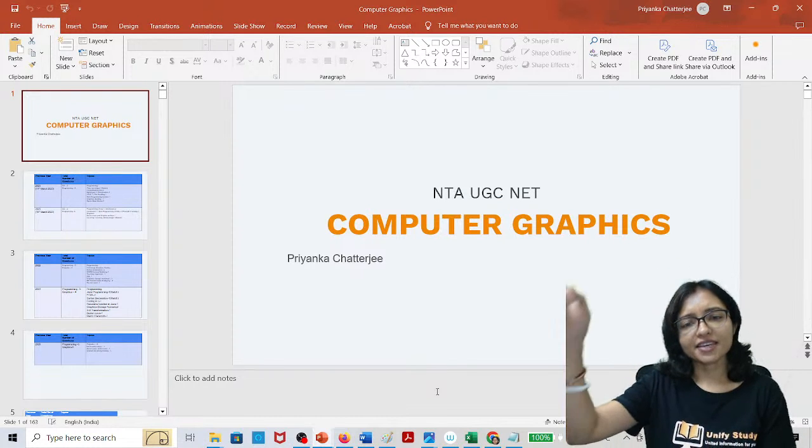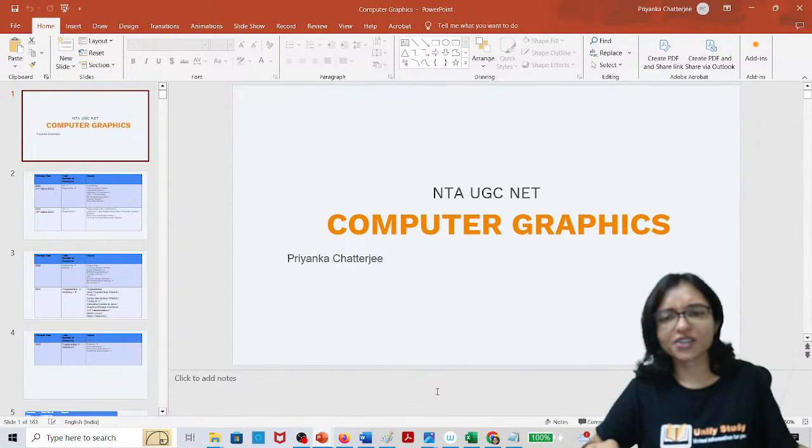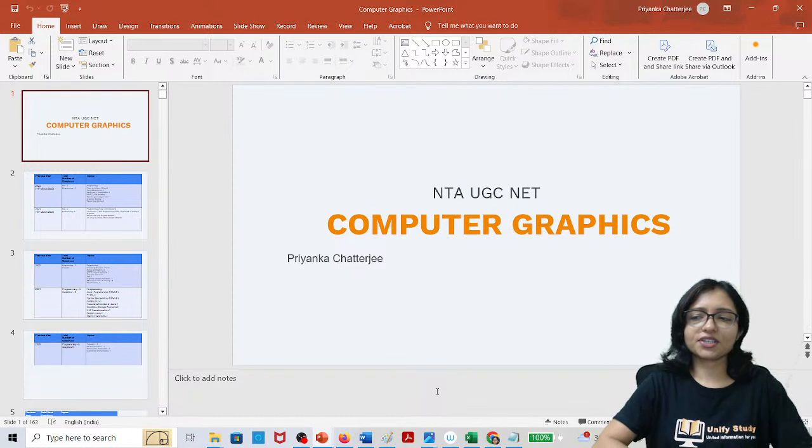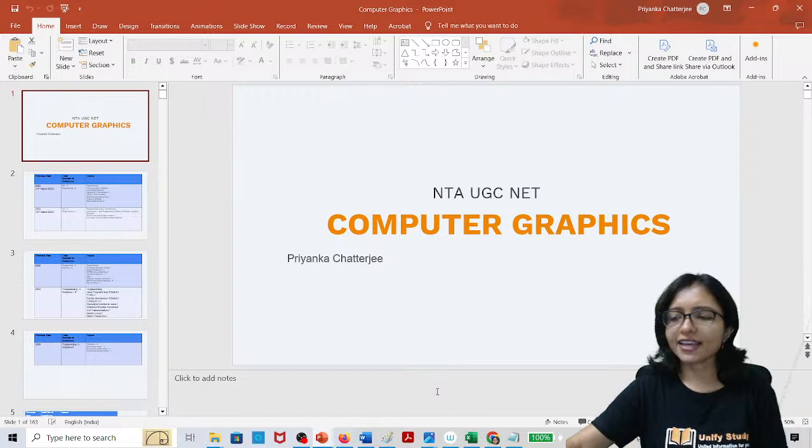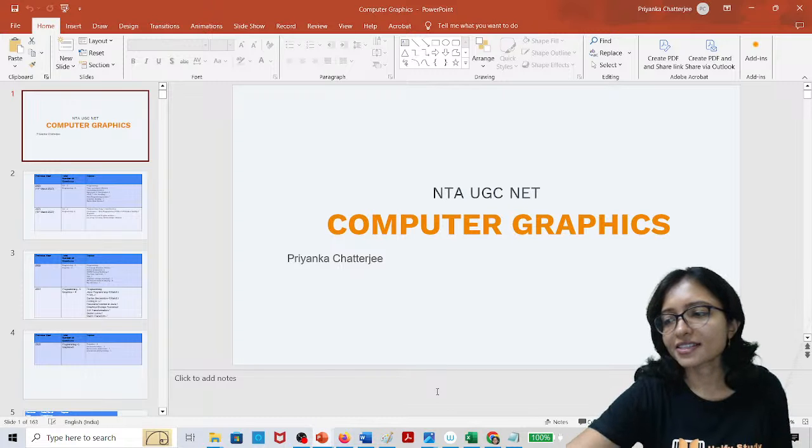So today I thought, let's complete computer graphics, because this topic is the only one remaining. Before the exam, why should we not complete this topic also? Are all of you ready to complete this topic with me? Yes. So many things we learned from artificial intelligence.